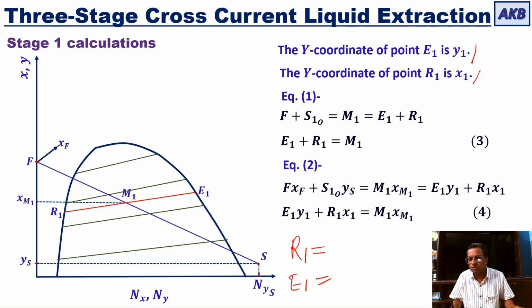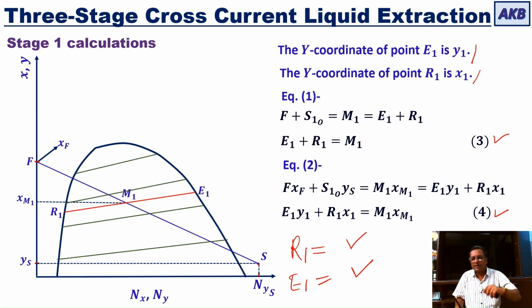You use these two values to get equation 3 and equation 4, and then you solve equations 3 and 4 to get the quantity of raffinate from stage 1, that is R1, and the quantity of extract from stage 1, represented by E1.